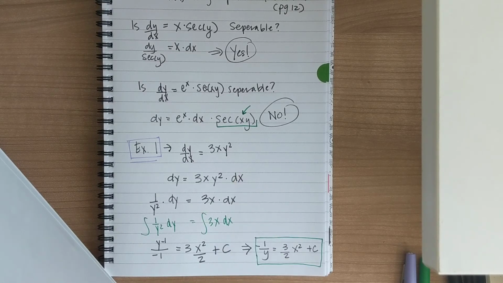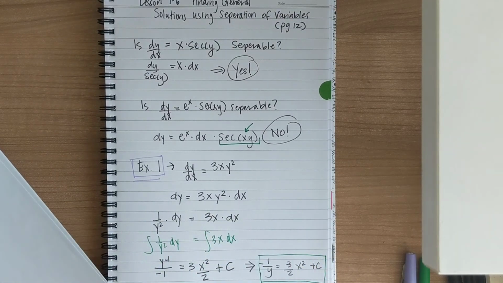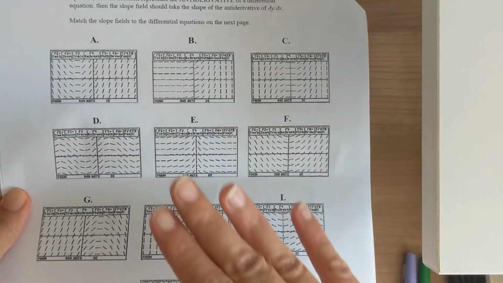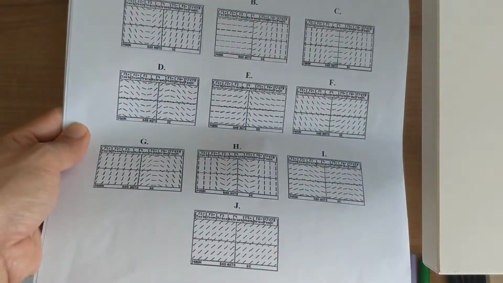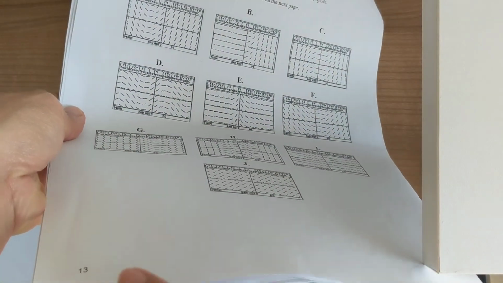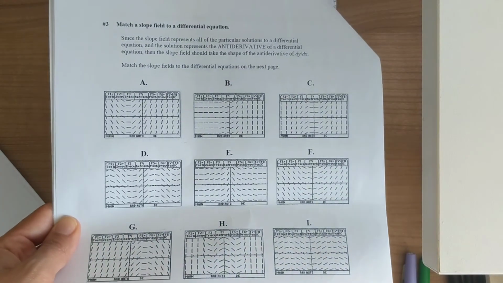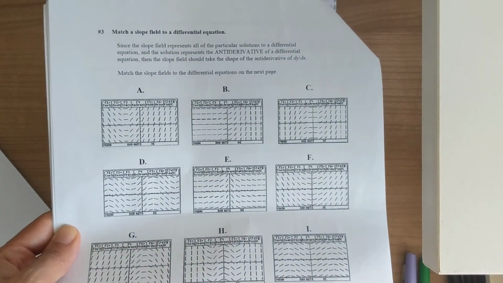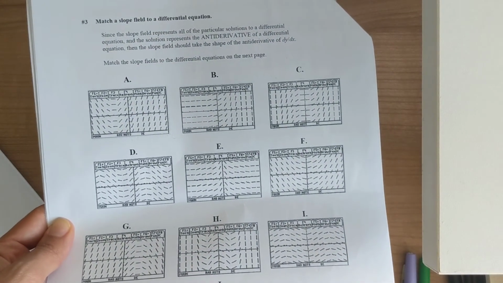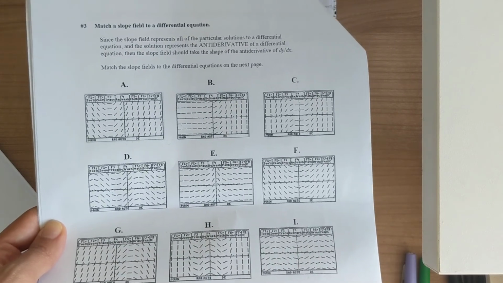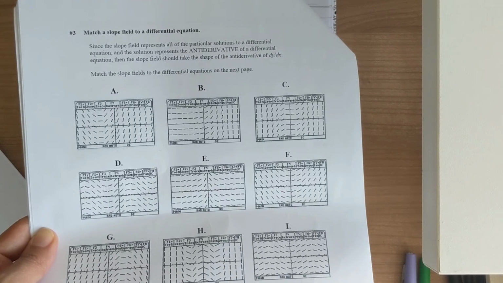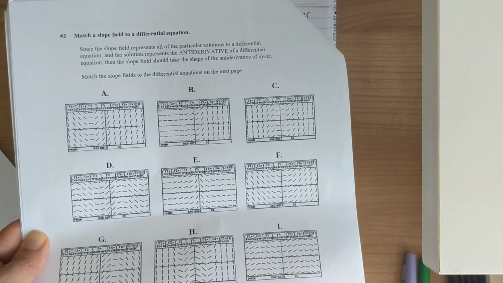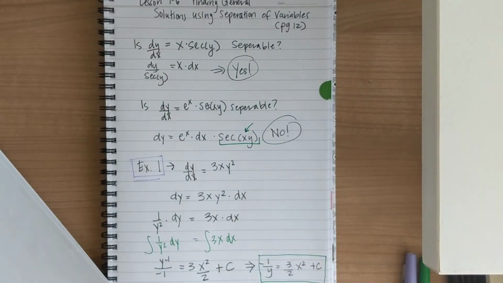Once you've done that, you're going to match which slope field your general solution matches. You're going to do all that work on the next page, which is page 14. Remember, if you don't have it, you can go onto Google Classroom and look at the note packet, pages 13 and 14. So go ahead and pause and try that. When you're ready, just hit unpause and I'll have the solutions up here.